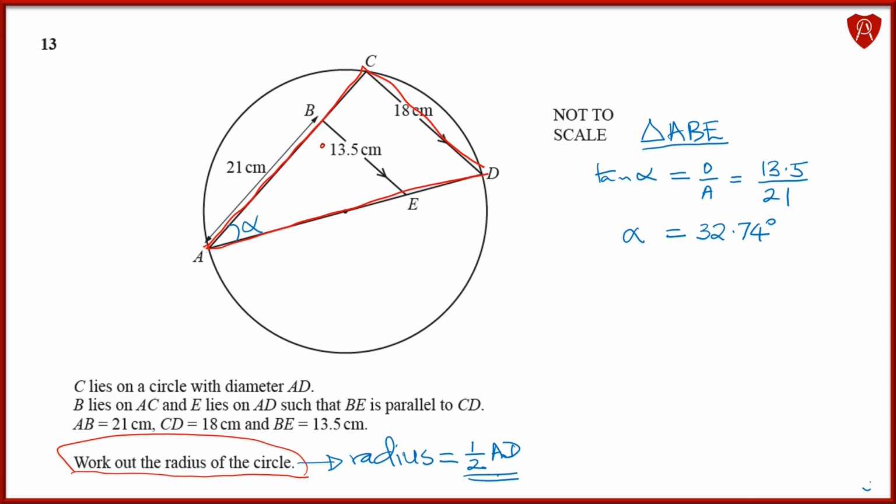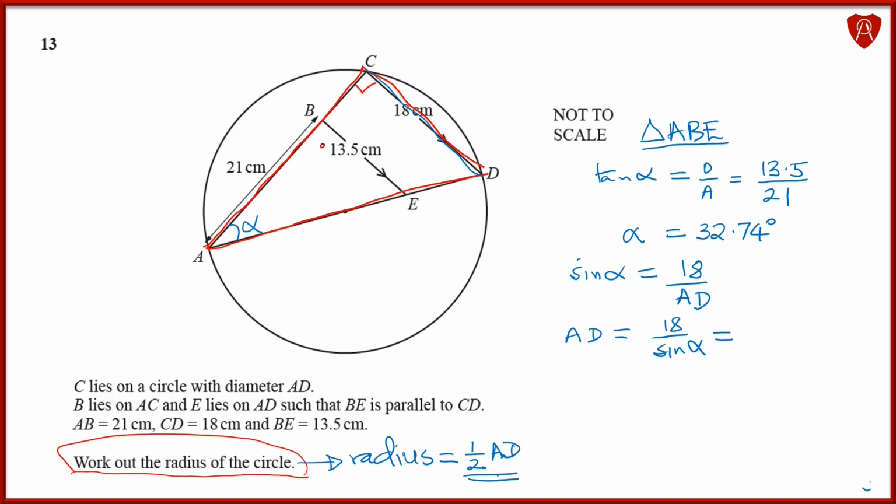We now focus on this triangle ACD, and AD is the diameter and also the hypotenuse to the right-angled triangle. So we shall write an expression for sine alpha using the bigger triangle. Sine alpha is equal to opposite side divided by the hypotenuse. And using this, then AD will become 18 over sine alpha.